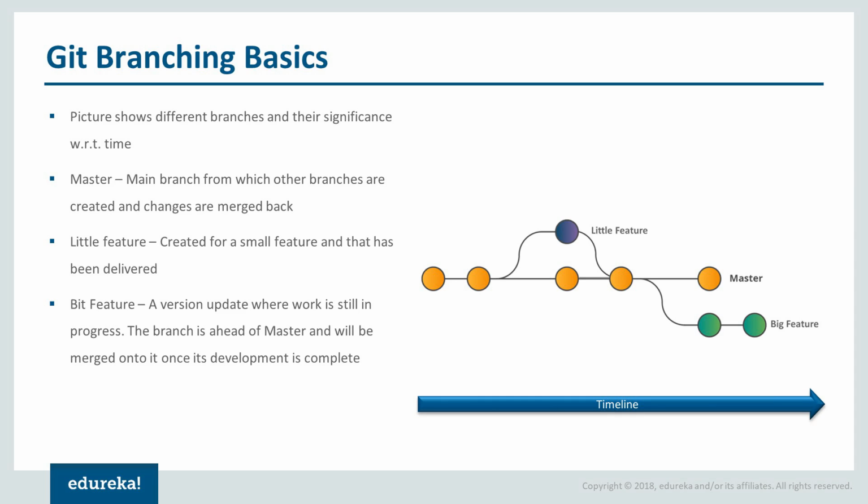At this point, we merged the little feature branch into the master branch, and after that we created another new branch called big feature. If you see here, the big feature branch is now ahead of the master branch because the work is still in progress and has not been merged, while in the little feature branch the work is completed, hence we merged it back to the master branch.